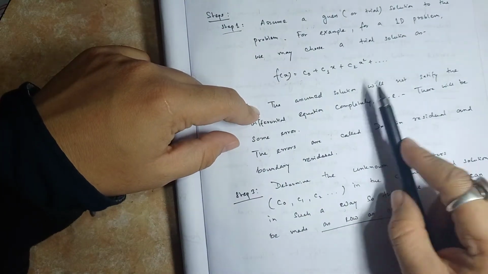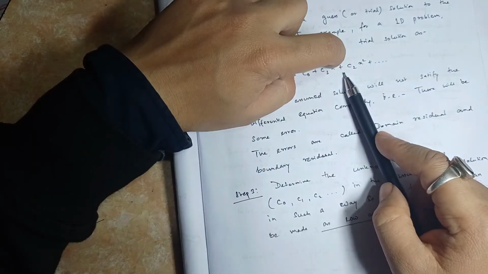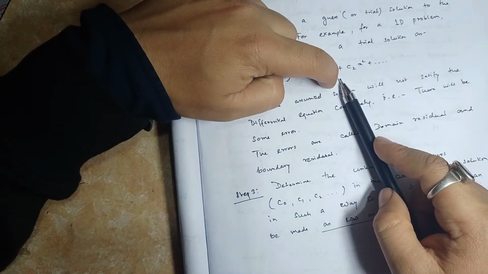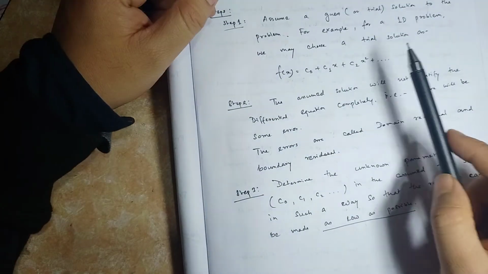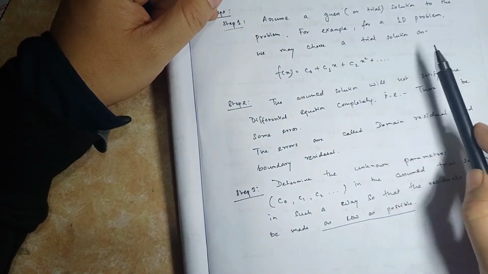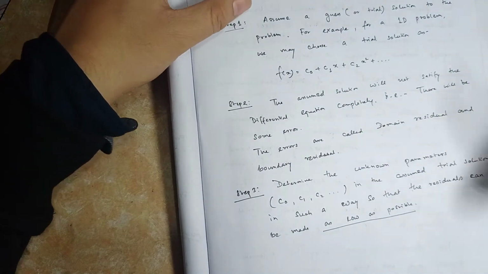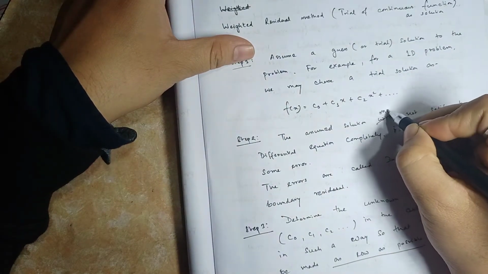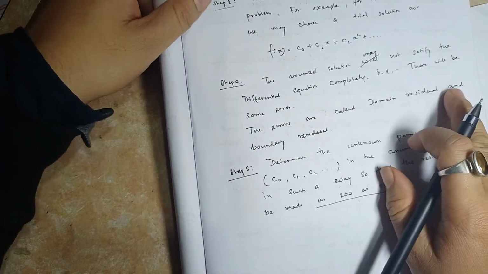Someone may assume up to this term, someone may assume up to that term, depending upon the problem. So when we plug it in the differential equation, it may not satisfy it. So there will be some error in this case.